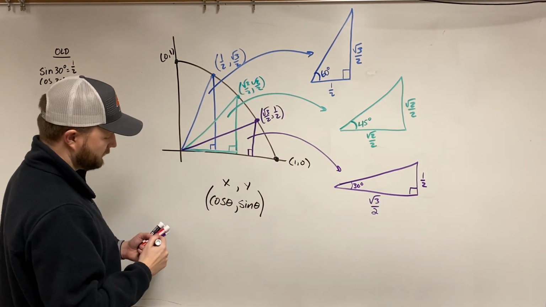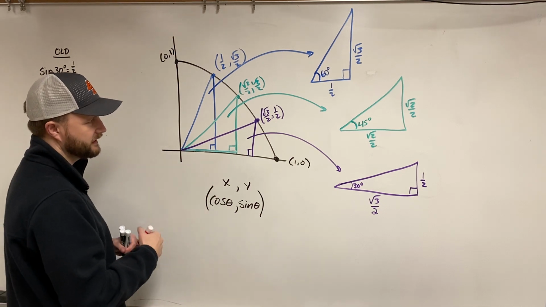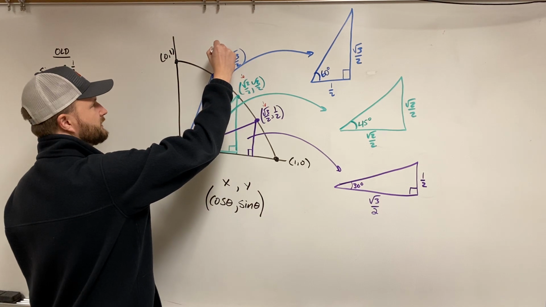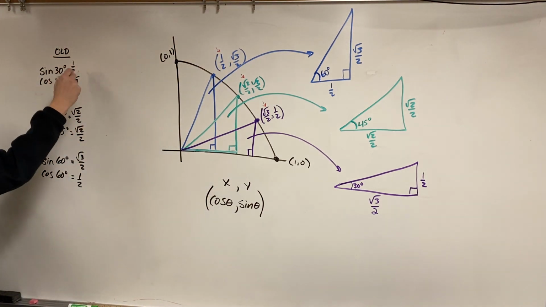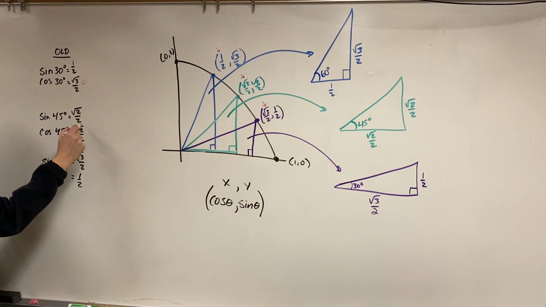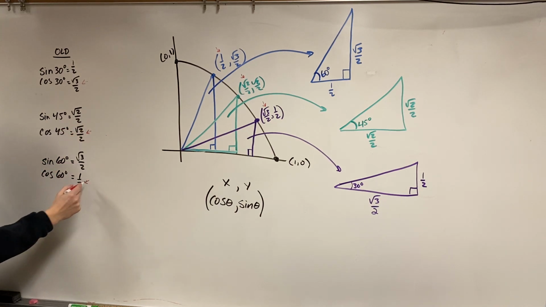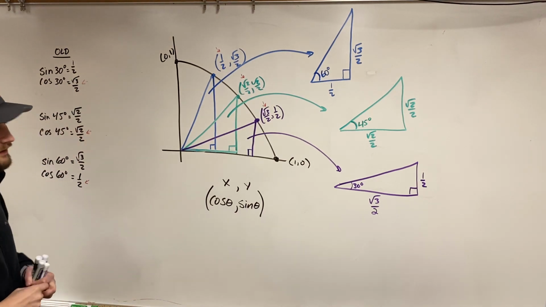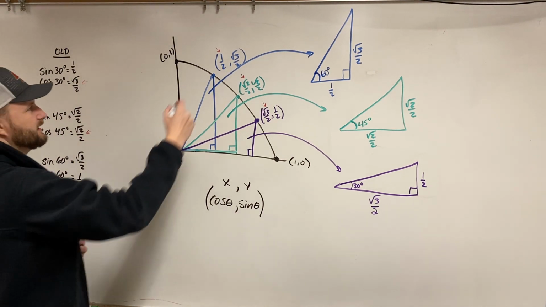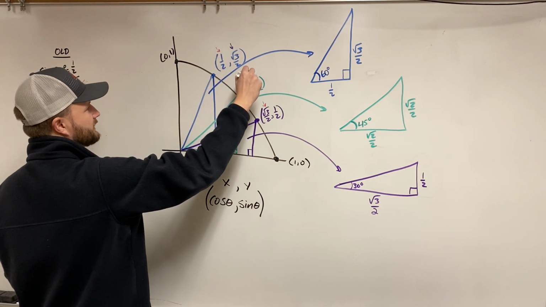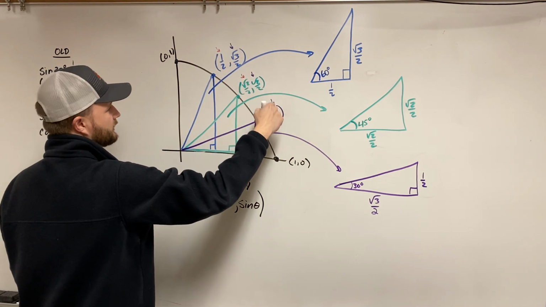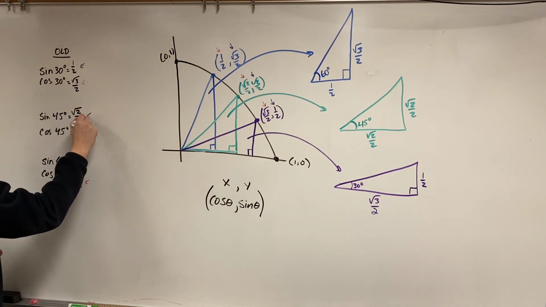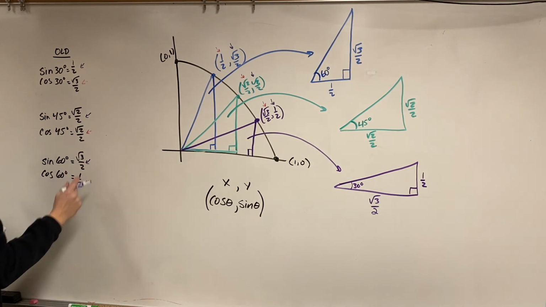The cosine is the x values, so we have 30, 45, 60, and the sine is just the y values. This is 60, 45, 30, so sine of 30 is 1/2. We all know sine of 30 is 1/2. How many times has Mr. Lang said it? Like a million, okay?